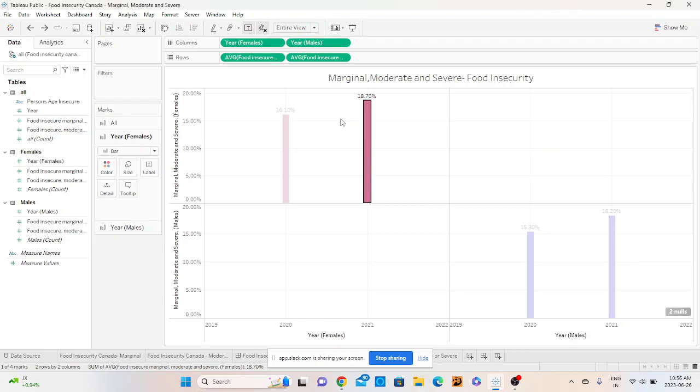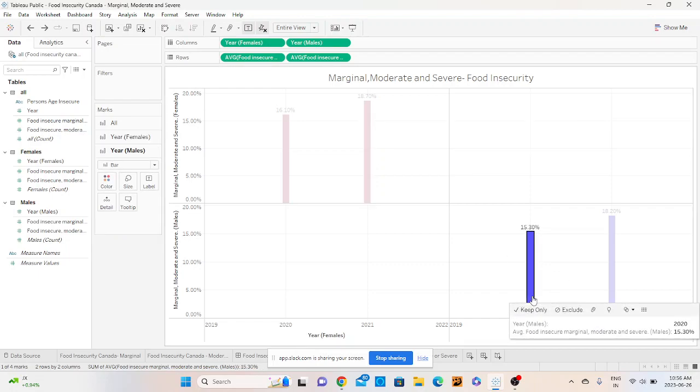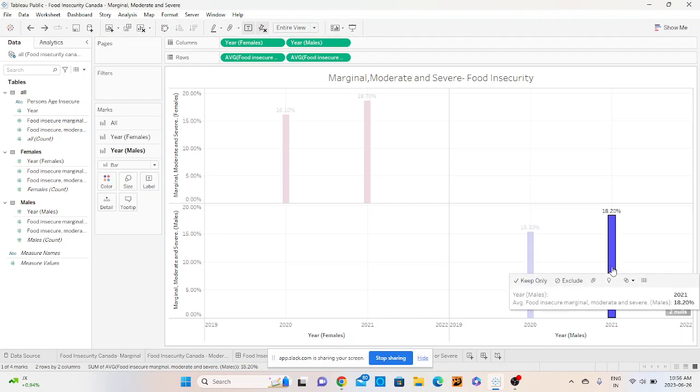This is for females and this is also for females 2020. So it has increased over here. This is an average, and here it's males. It was 15.3 percentage in 2020, and here it is 2021. So both have increased.